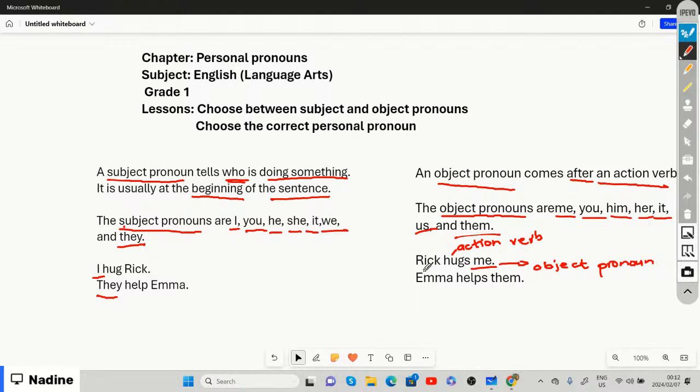Then another example is Emma helps them. So Emma is a subject, helps is our action verb, and them is our object pronoun, which comes after our action verb, which is helps.